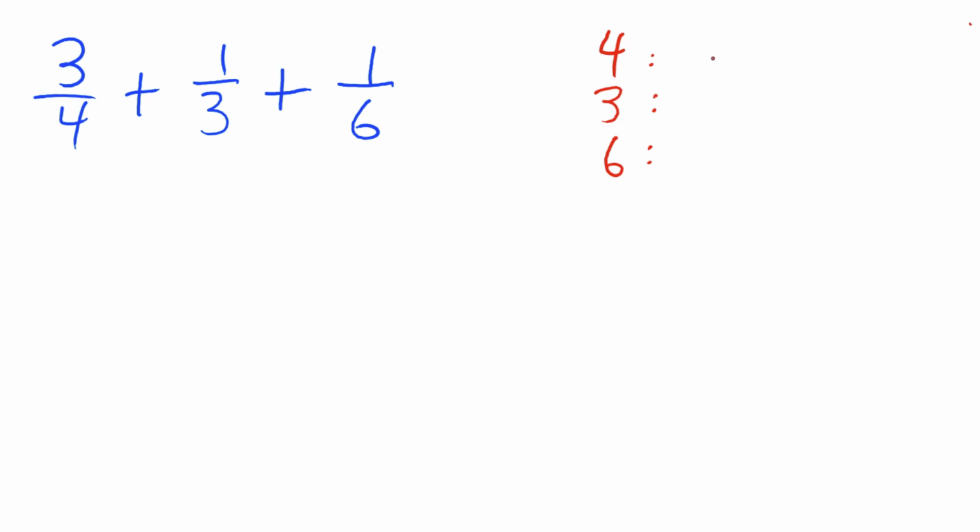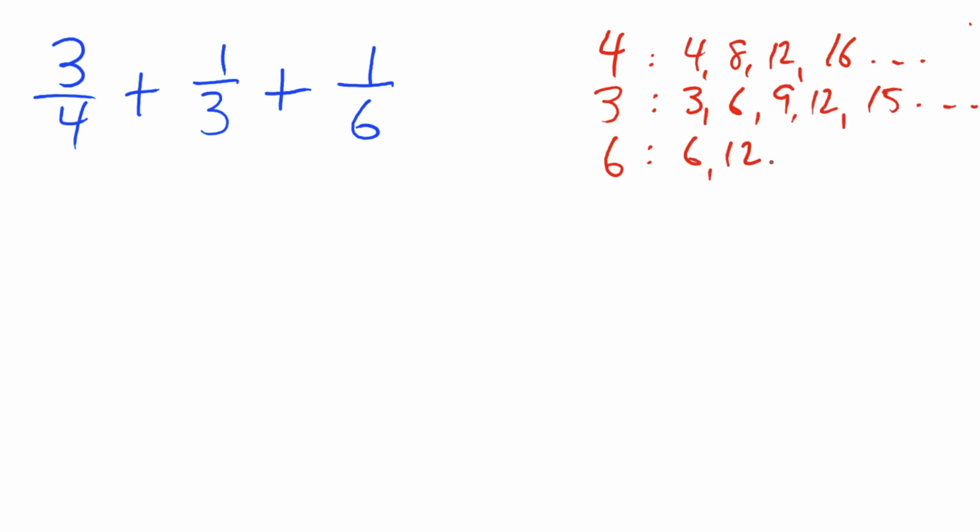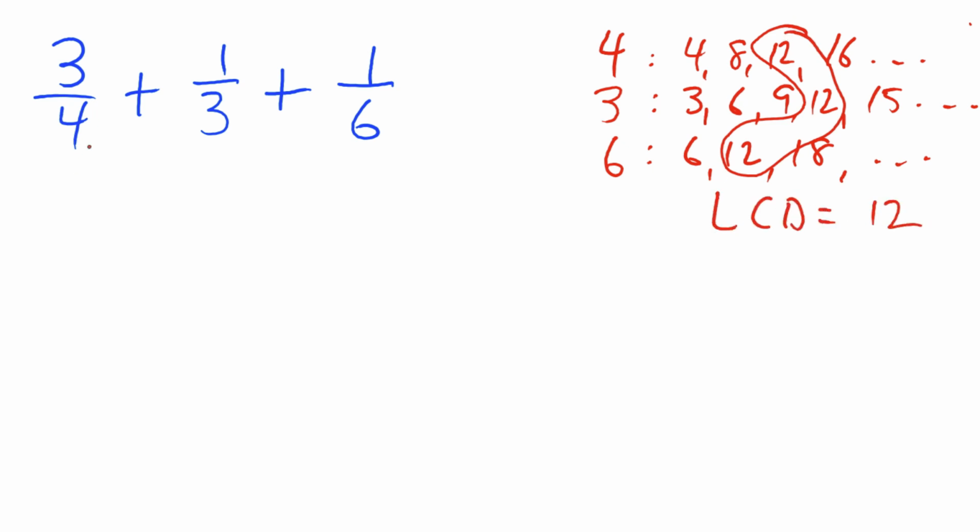We can just think about that, or we can list our multiples. And in doing that, I can see from my list that my lowest common multiple, which will be our denominator, is going to be 12. So we can break our fractions into twelfths.